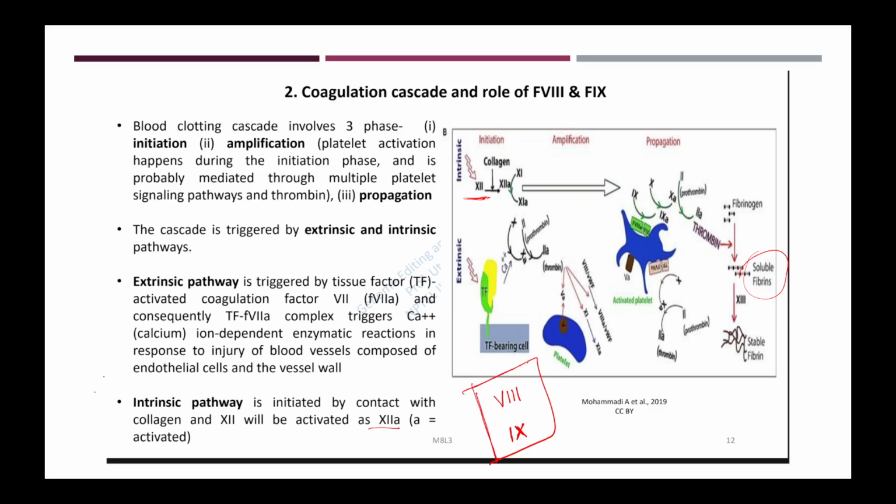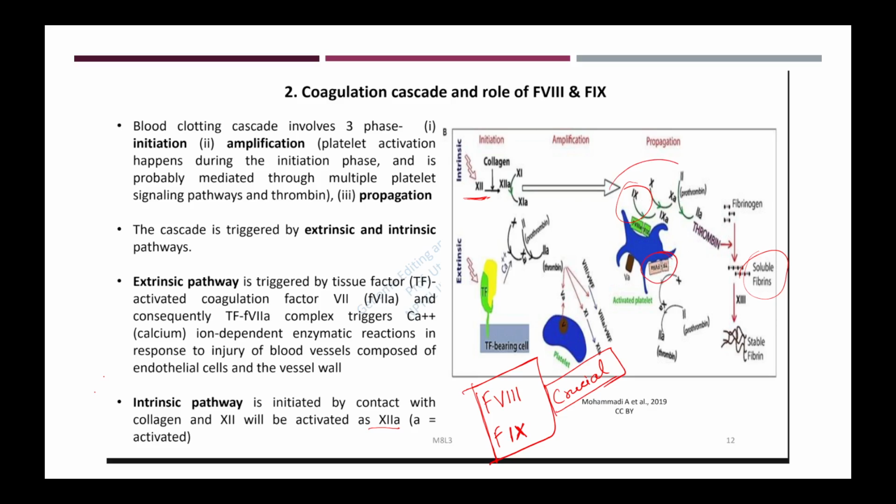So coagulant factor 8 and factor 9 are very crucial factors in blood clotting. Here, factors 9 and 8 together activate factor 10.